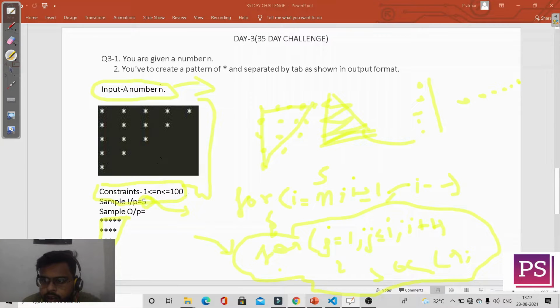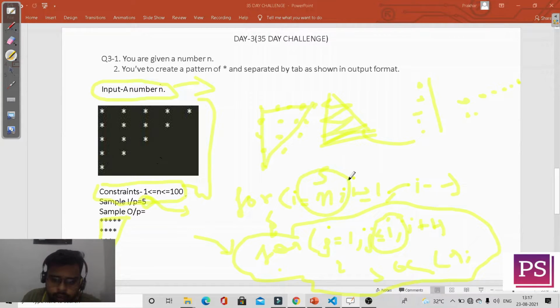If the value of i is 6, then it will print 6 stars. If the value of i is 2, then it will print 2 stars. So the inner loop is dependent on the value of i, and the outer loop is dependent on the value of n.